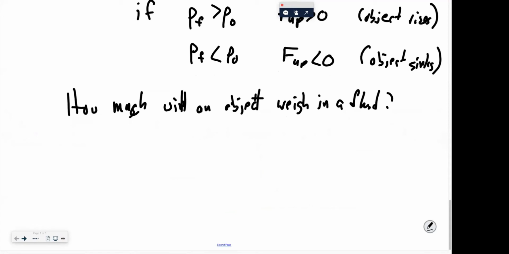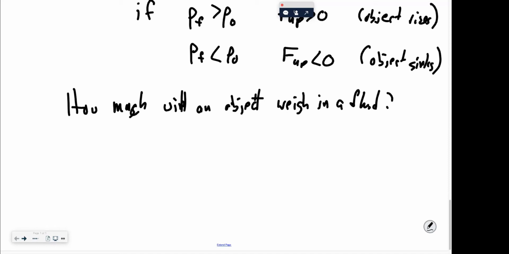So you've got an object and you put it on a scale and it exerts some force on that scale, not in the water or in a fluid. And then you put that scale at the bottom of a swimming pool and you put that same object on it. What is the new weight? It's not going to be the same. What is the new weight of that object?